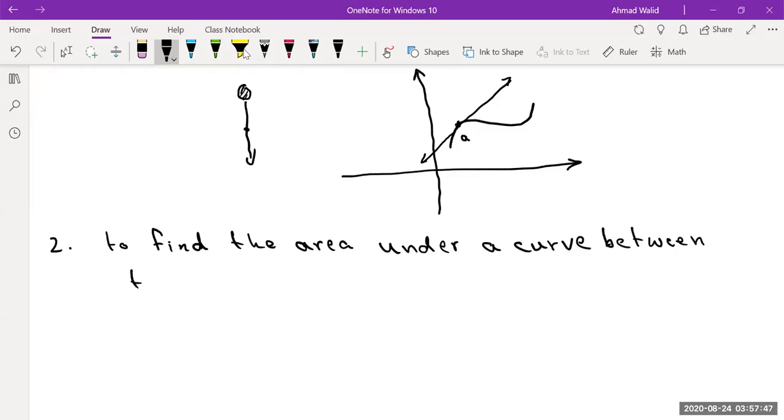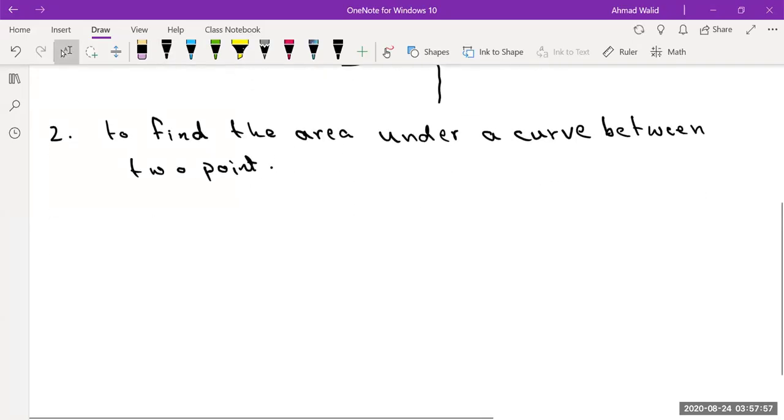That's the second part of calculus. I'll show you in a graph now. What does it mean?